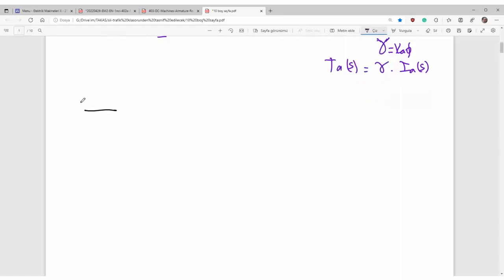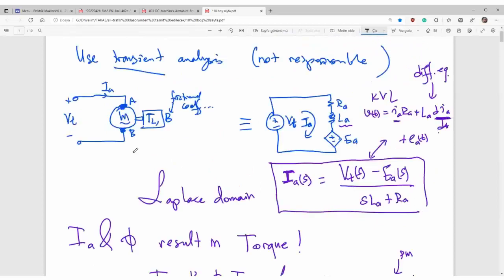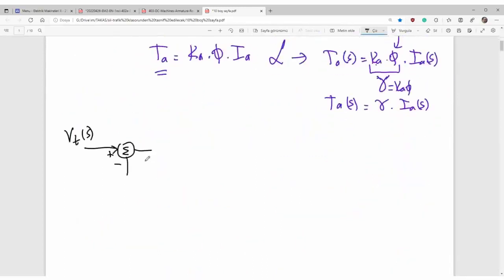I have applied Vt(s), and then here is a summation point, with a minus sign, and the result will be divided by something, 1 over (s La plus Ra), and then here is the armature current in Laplace domain.